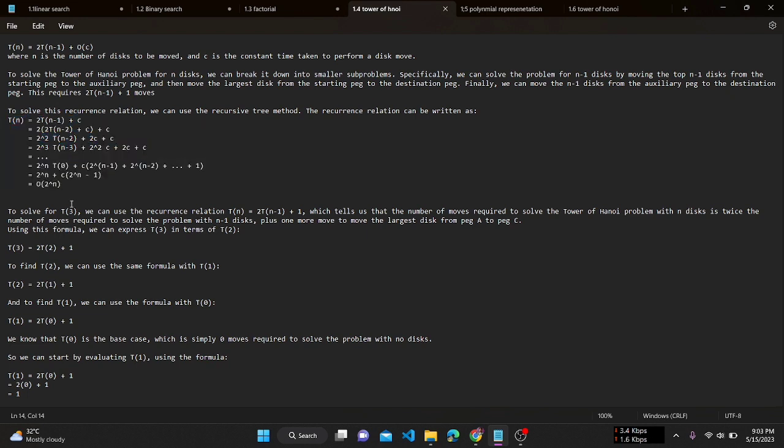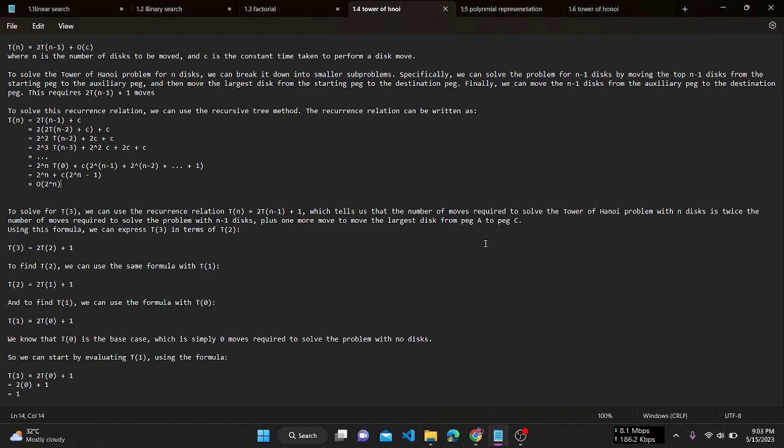The recurrence relation can be written as T of n equals T of n-1 plus c, then 2T of n minus 2 plus c plus c, and so on, and these are the steps you can see.